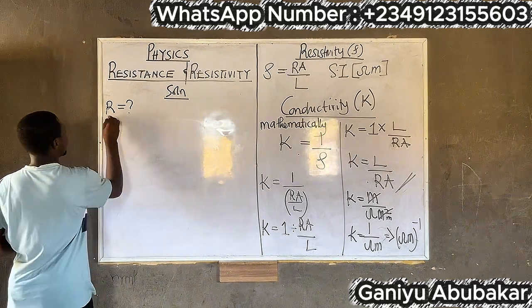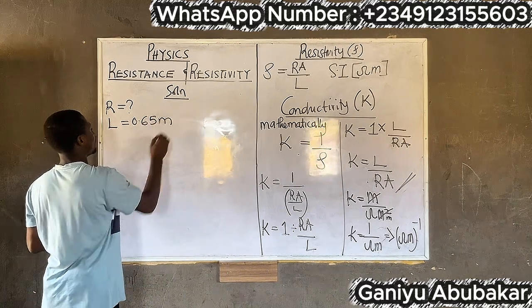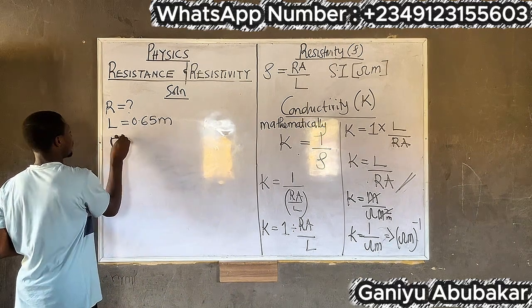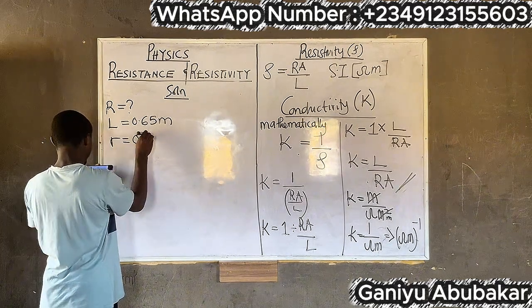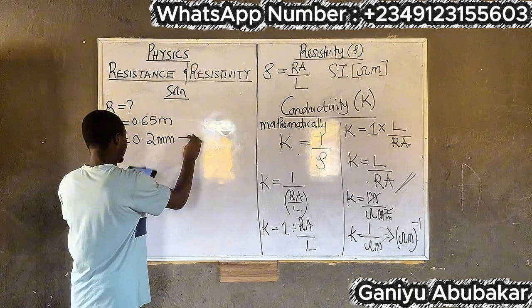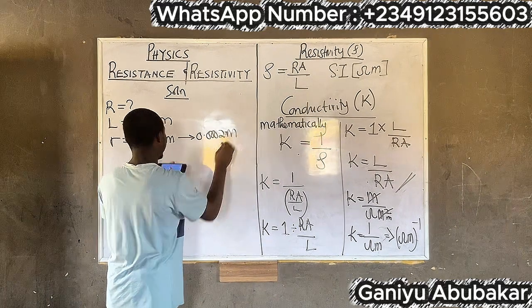They give us length to be 0.65 meters, no problem. Radius of 0.2 millimeter. I'll convert this to meter, which gives 0.0002 meters.